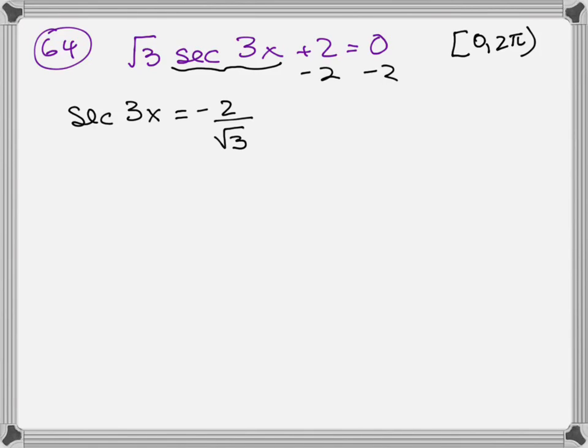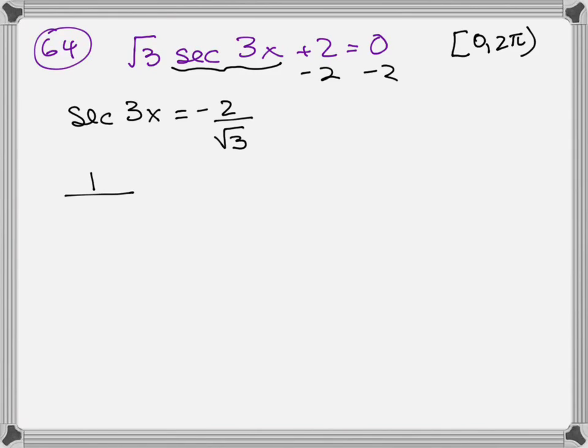It's easier to work with the cosine because cosine is the reciprocal of the secant. So instead of saying secant, I can rewrite that with the reciprocal. Let me rewrite it here.